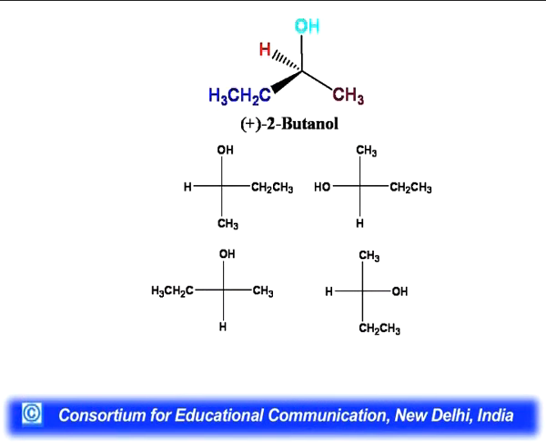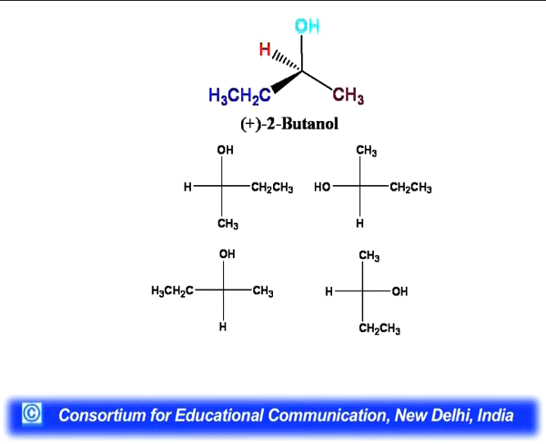I know dextro, but how to write the structure? The structure I can write when I came to know that dextro is this one by X-ray crystallography, then these are the possible structures I can write.